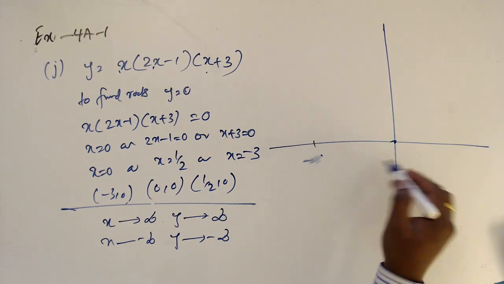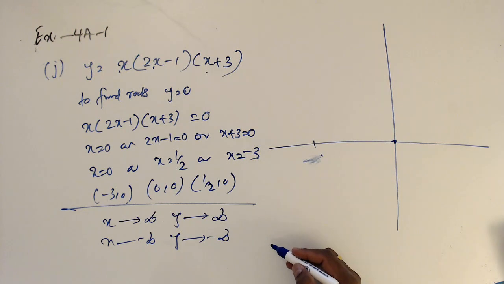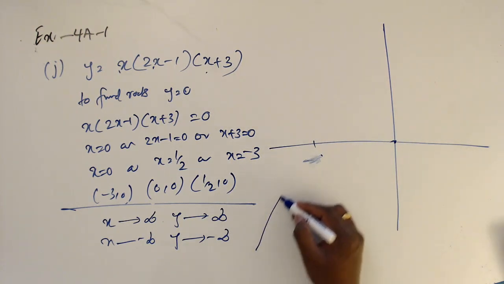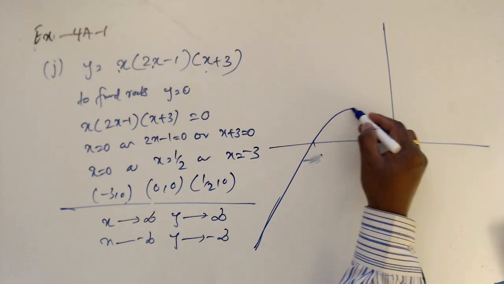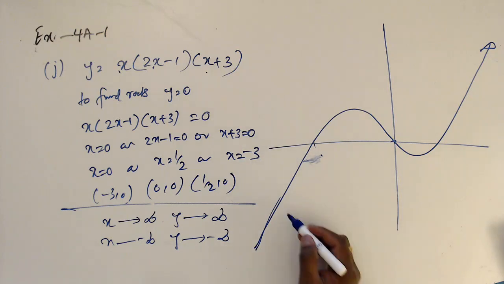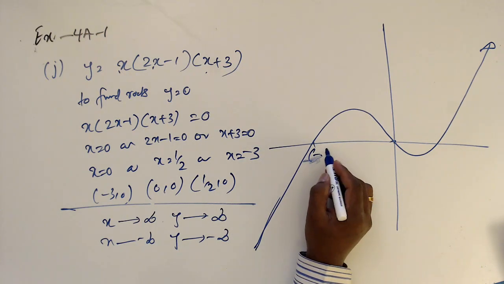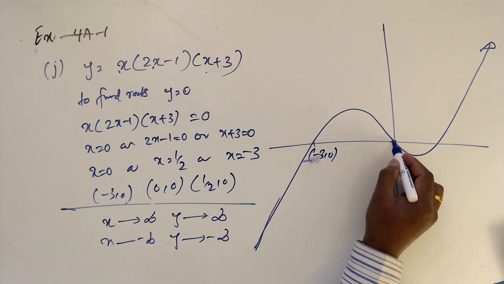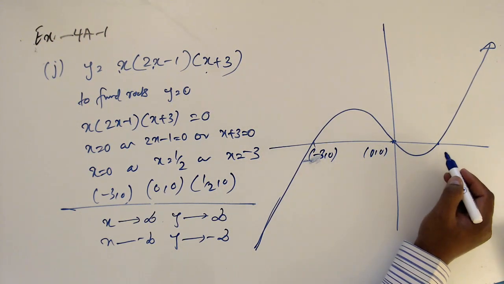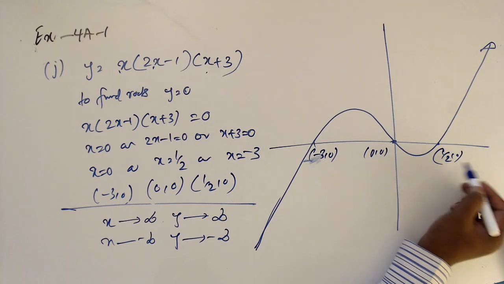So start from here, go to minus 3, 0, this is 0, 0, and this is half, 0.